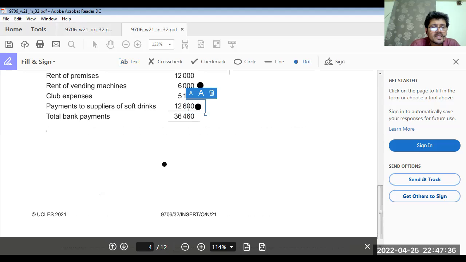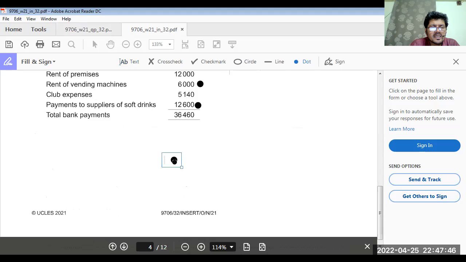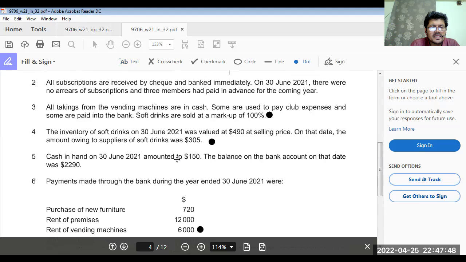See, now payment to suppliers of soft drinks, how much? 12,600 plus the amount owing to suppliers at the end of the year, 30th June 2021, 305, plus 30.